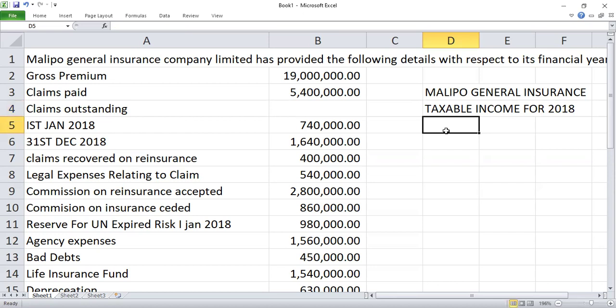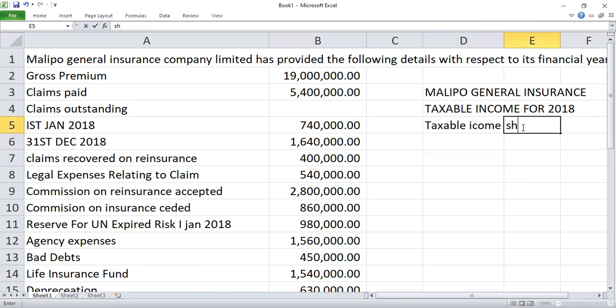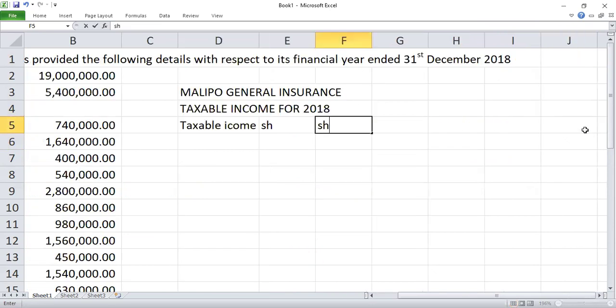We're going to have 4 columns. First, we start with incomes, those that are taxable. Then we will have shillings, and then shillings, then a place for the totals.